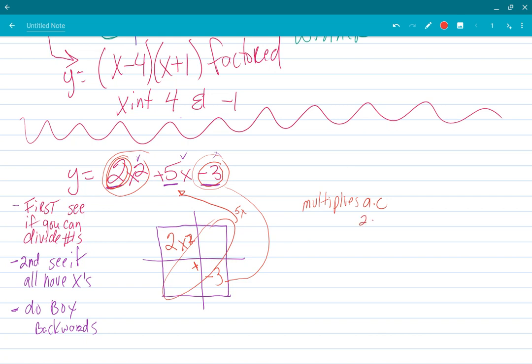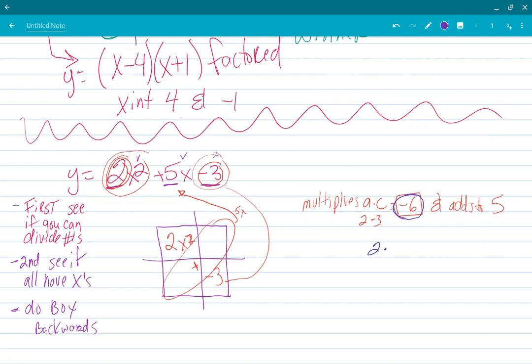So 2 times -3 is -6, and adds to 5. All right, now let's start thinking. What two numbers multiply to -6?